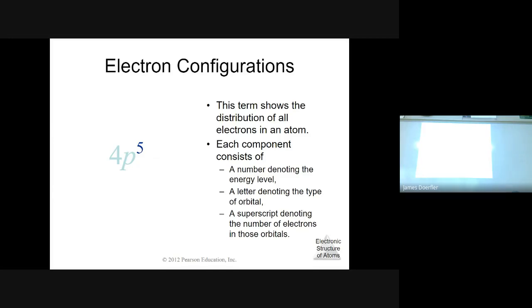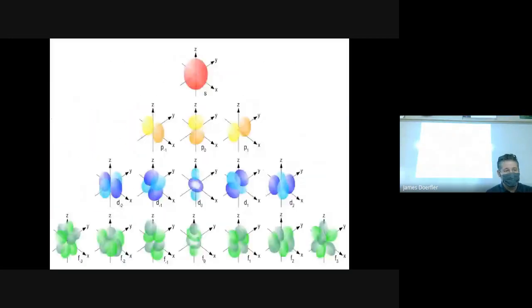Okay. So I'm going to backtrack a little bit. If you need any colored pencils, I got some up here. Doesn't matter what colors you use. But I'm going to go back a little bit.